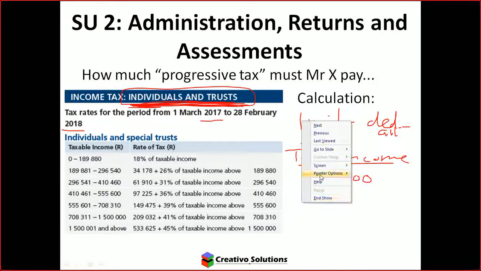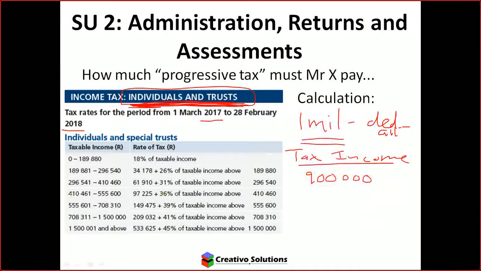Which bracket do I fall in? He falls in the second last one. Correct. Okay, so what SARS does is that you'll never ever pay tax twice. It doesn't matter how much you earn, you're always going to receive the benefits that you would have derived in a lower tax bracket. So no one loses out.